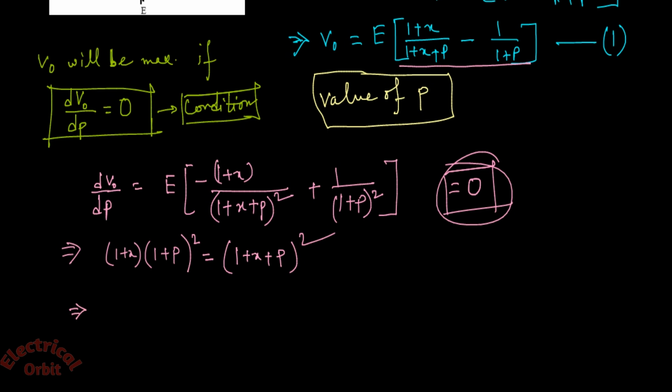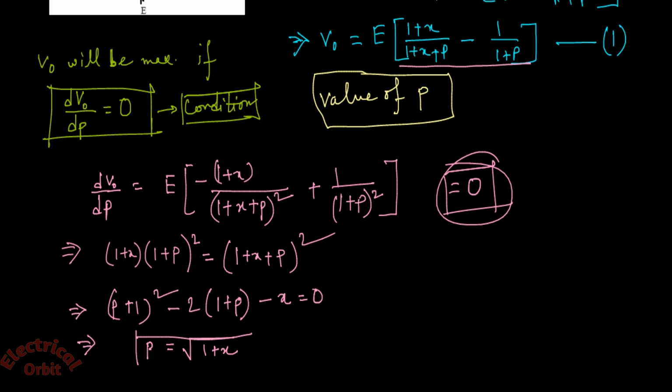From here we will get like this, and finally we will get P is equal to root over (1+X). This is the value of P for which the value of V0 will be maximum.